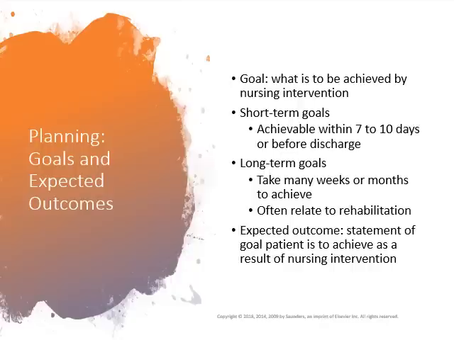They are often related to rehabilitation. Expected outcomes is a statement of goal which the patient is to achieve as a result of your nursing intervention. The patient or significant others should always be included in the goal setting process.